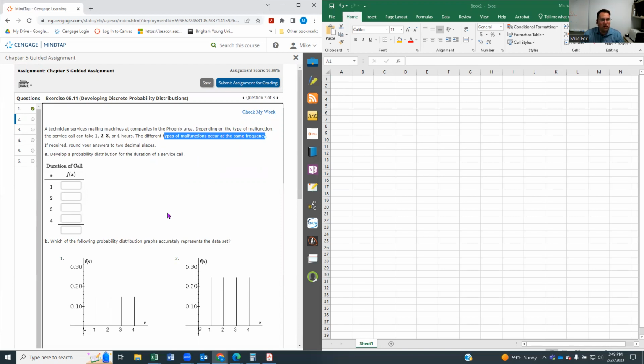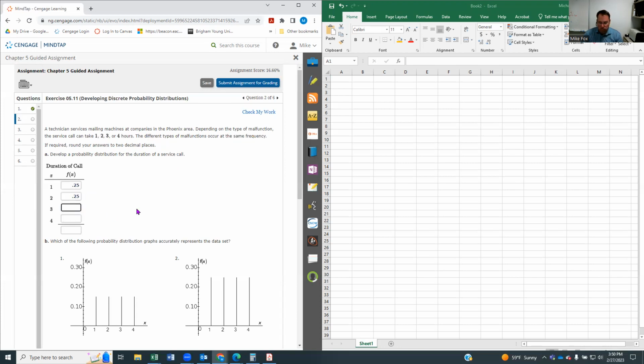And so really all we have to do is, if 100% of the time it is either 1, 2, 3, or 4, and we only have 4 options and they break down to being equal or having the same frequency, we'll just take 100%, divide it by 4, and say there's a 25% chance of it being a 1-hour call, a 25% chance of it being a 2-hour call, 25% of it being a 3-hour call, and 25% of it being a 4-hour call, and all of those will add up to 1 or 100%.